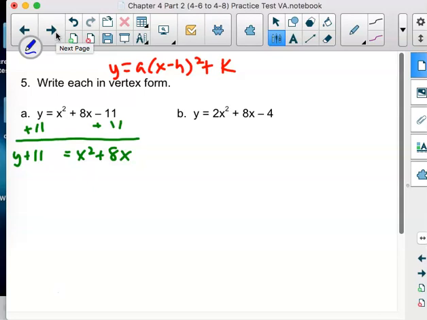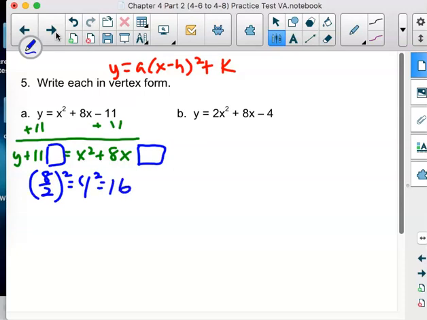Find it. Tell your partner what that number is, please. Everybody agree? 16? 8 divided by 2 squared is 4 squared, which is 16.